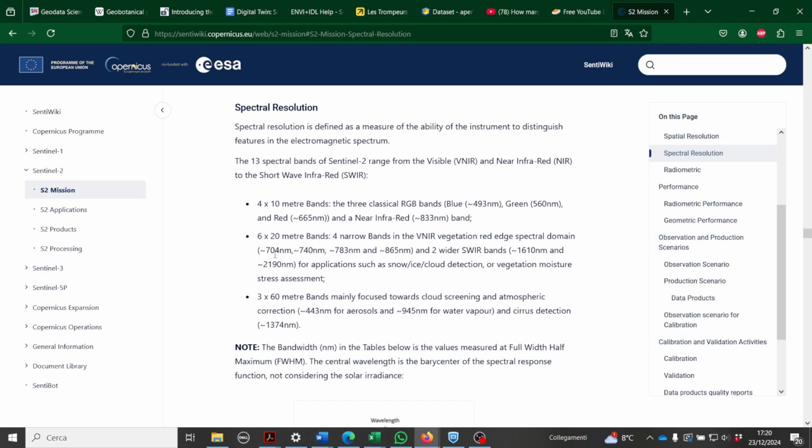It's around 0.70, 0.74, 0.78 and 0.86 microns, and in 2 different bands we have the mid-infrared bands that are pointed around 1.61 and 2.19 microns, which are particularly interesting, for example, for snow, ice and vegetation moisture and whatever.